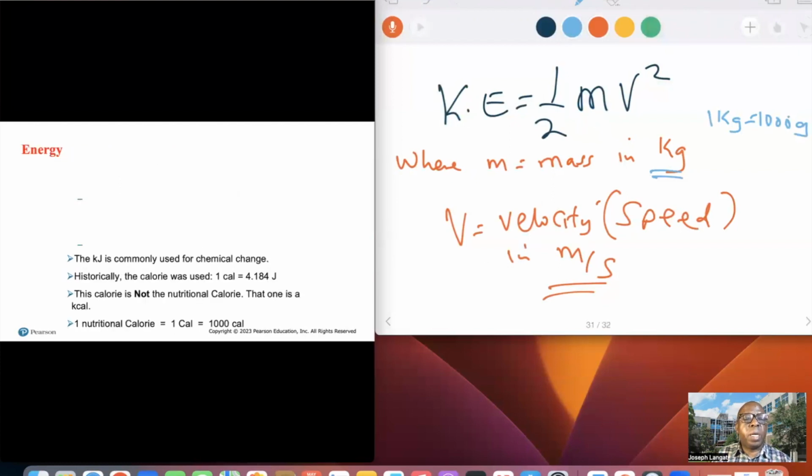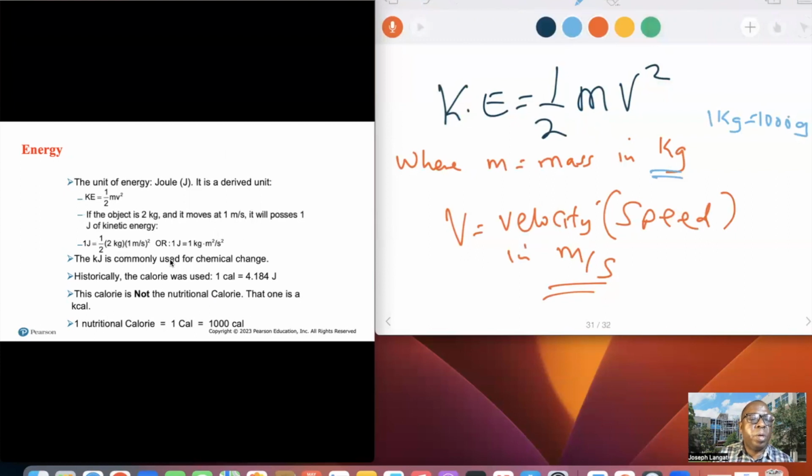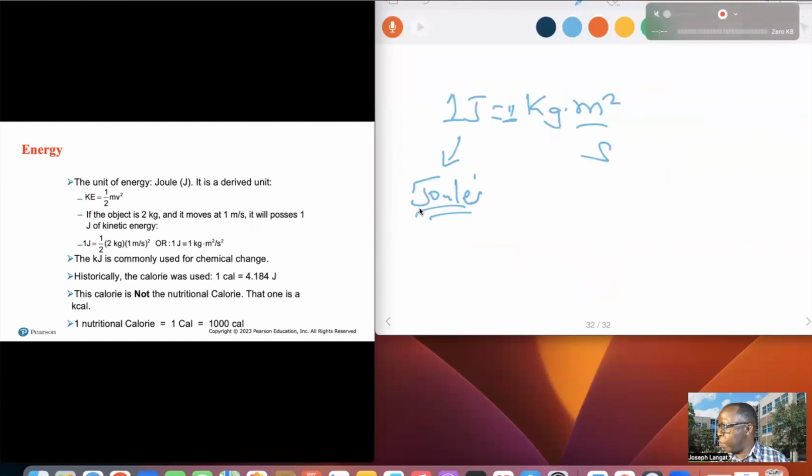So let's see, if you look at the joule here, this is the unit for energy. 1 kilogram times meter squared per second squared is what we call the joule, which is the SI unit.